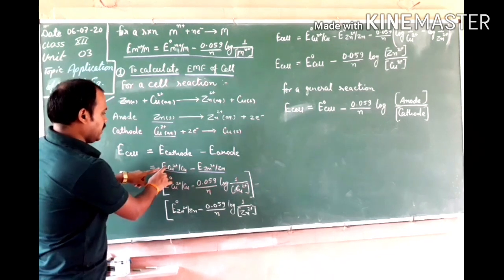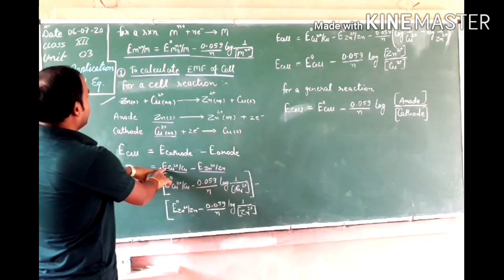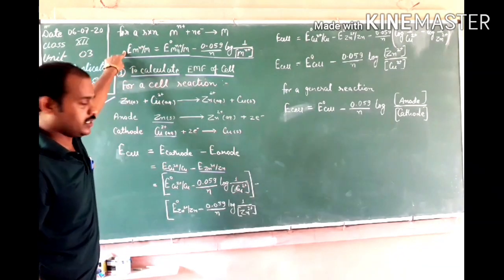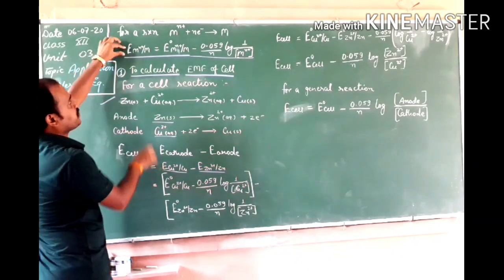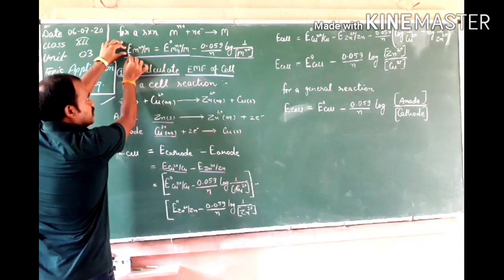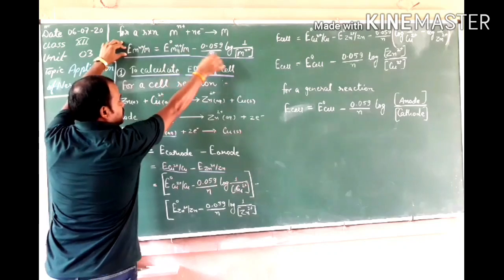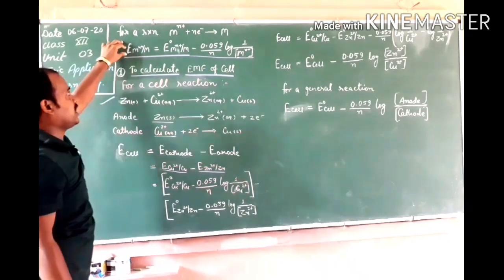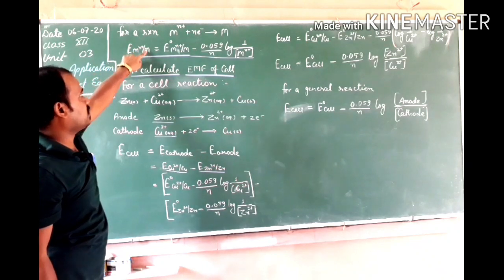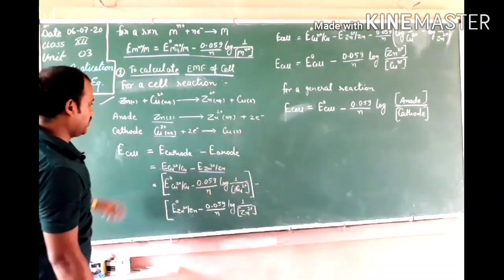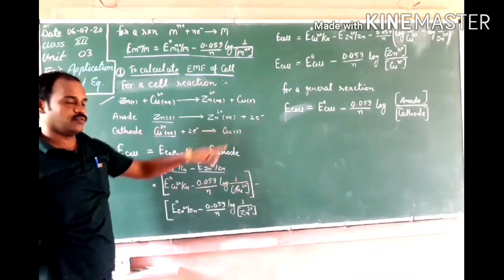Now the electrode potential of the cathode according to Nernst equation. Compare this: the electrode potential of this half cell is equal to E0 minus this. In place of M^n+ and M, we are now writing Cu2+ oblique Cu, because Cu2+ is converting into Cu.